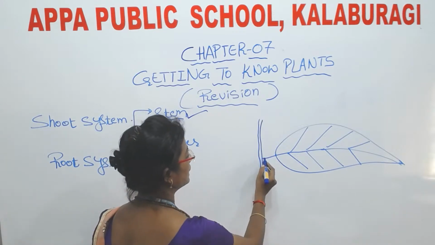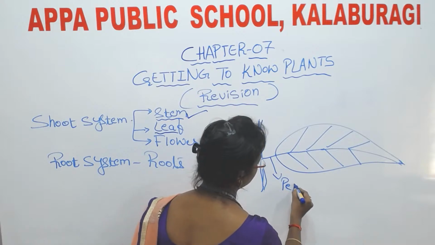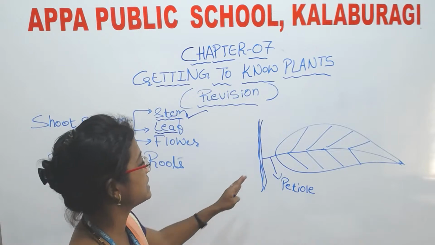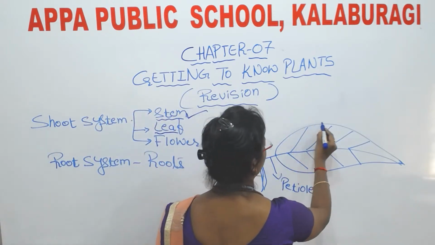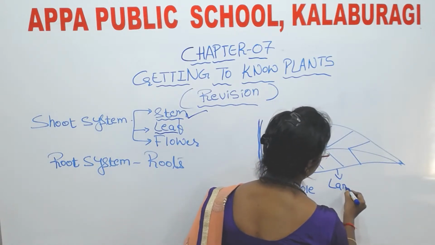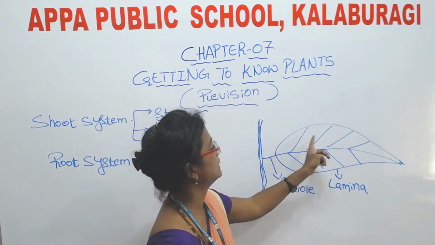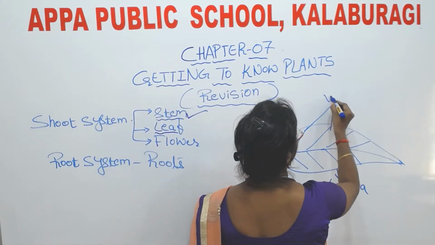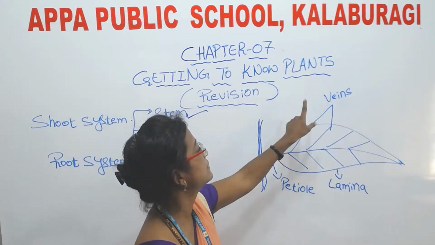The part of a leaf which is attached to the stem is called petiole. And here this part, the broad green part, is called lamina, isn't it? And here you can see the lines, so these are called veins.